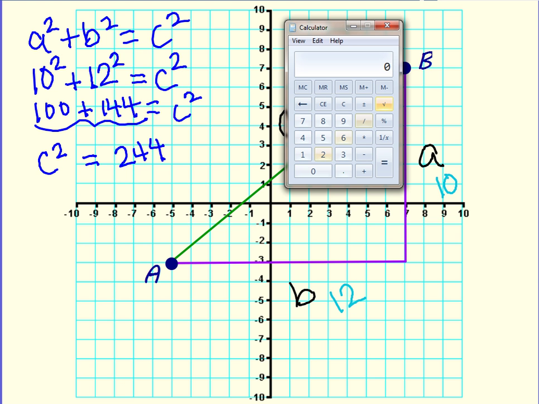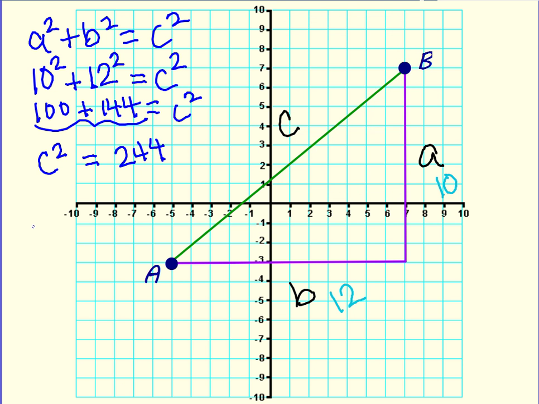So I'm going to put in 244, square root that number, and round to the nearest tenth, or 1 decimal place. That's going to give me 15.6 for my answer. So I'm going to say that C is going to be about 15.6 units.